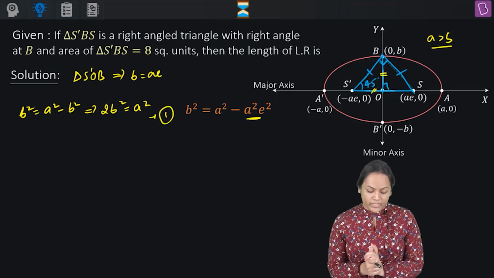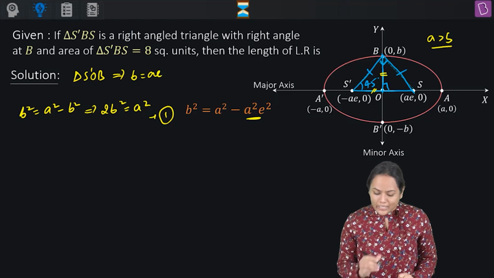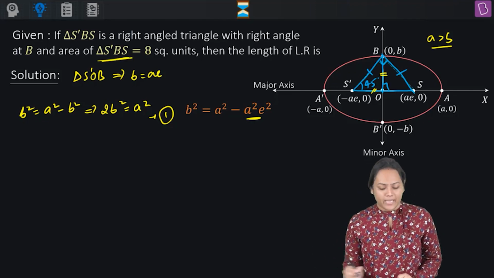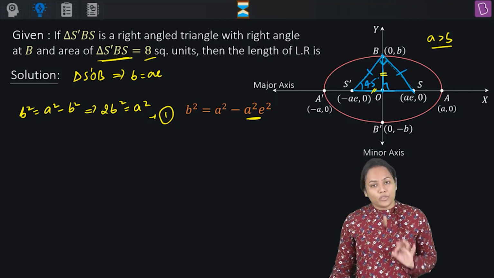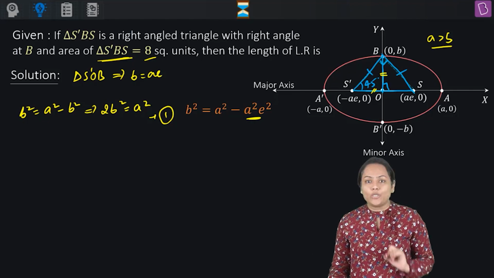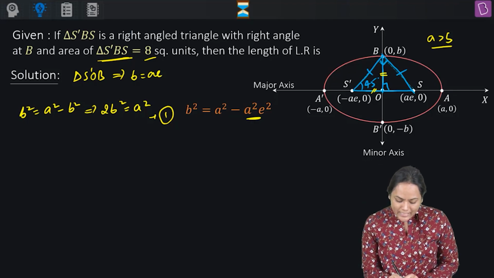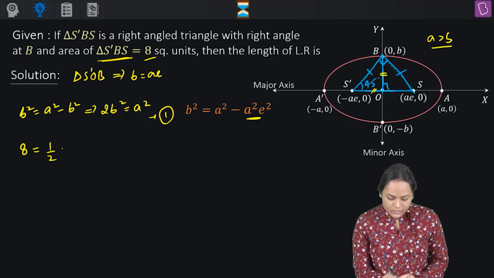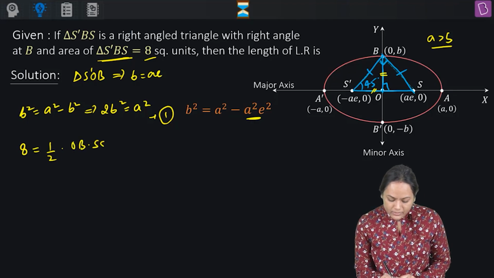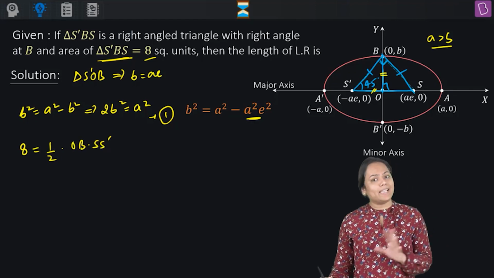Let me take this as 1. Clear? Okay. Further, what they have said, that area of the triangle S'BS is equal to 8. Now guys, if you look at the triangle, we know area of triangle is half of base into height, right? So I can say that my 8, the area will be equal to half of height here is equal to OB and base here is S'S or SS'.